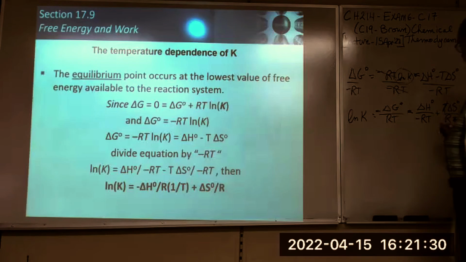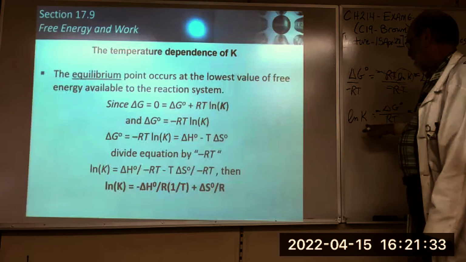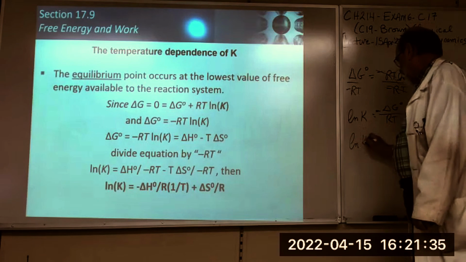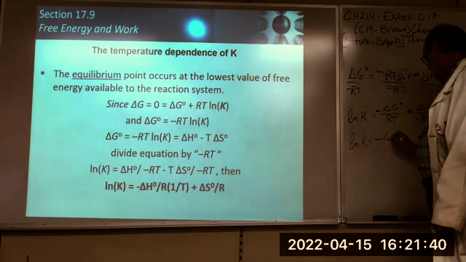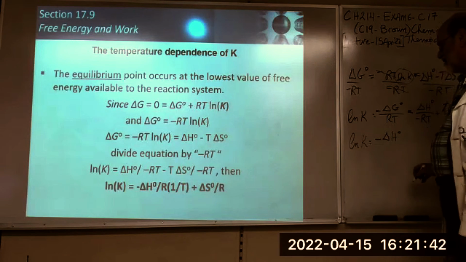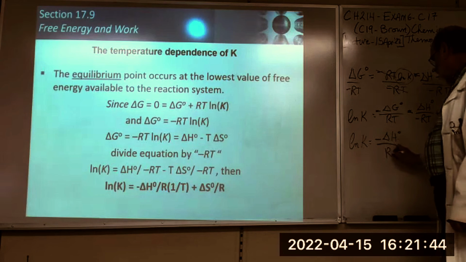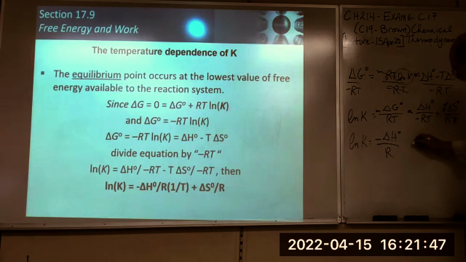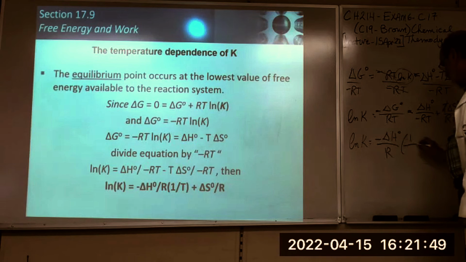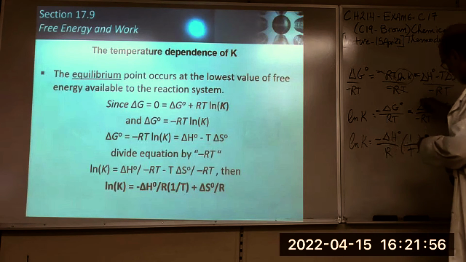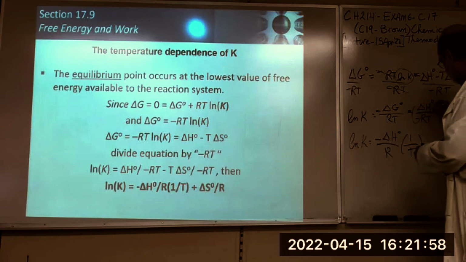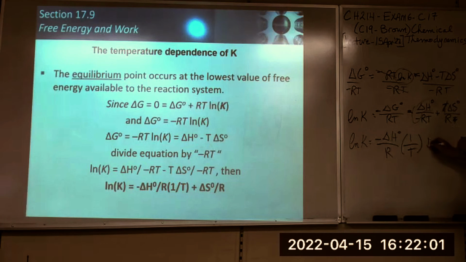Okay, so we end up with log K equals minus enthalpy over R, and then we pulled out this T, times 1 over T. Right, so this is in the denominator. We just pulled it out here. And this part is right here. And then this part stays unchanged.